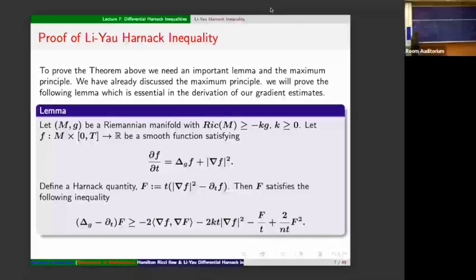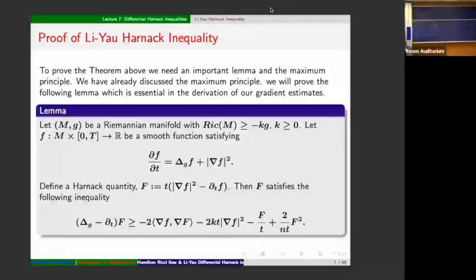In fact, I will write it this way, plus 2 over nt f into f minus n over 2. So that is how the lemma is written.